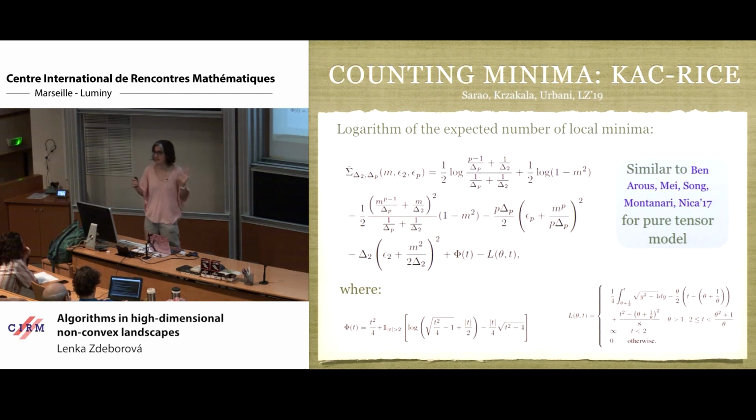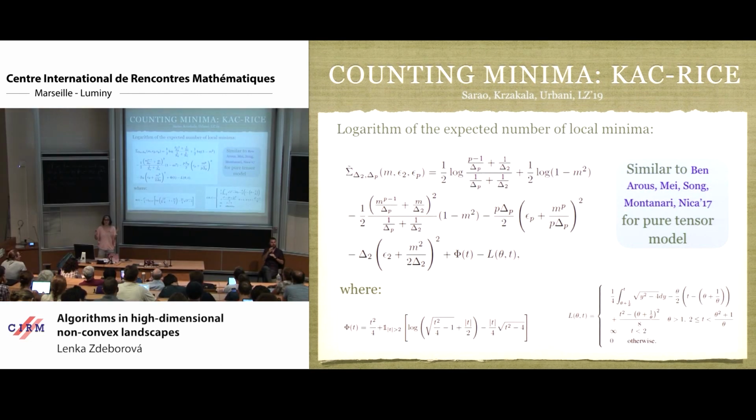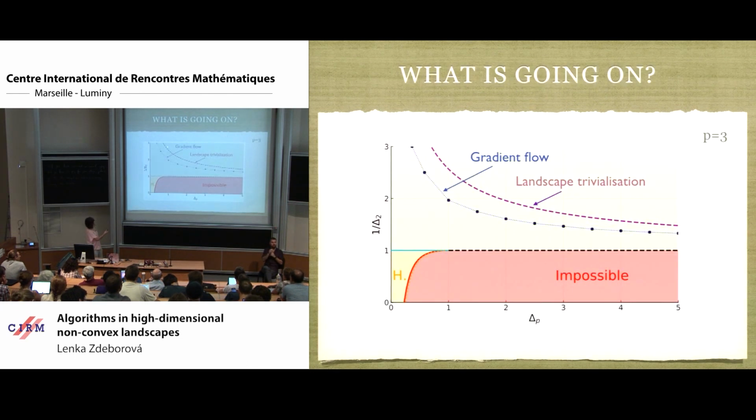But from these expressions, I can extract very easily this trivialization transition. That is, when in the landscape there really only is the good global minimum and there are no spurious ones anymore. And that's the purple line, the landscape trivialization.